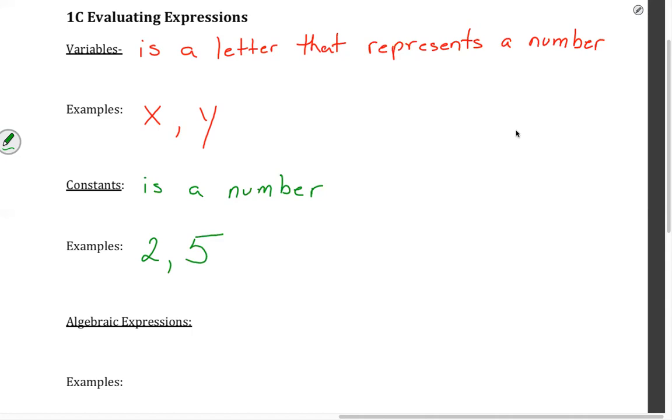Now, what is an algebraic expression? Well, in order to discuss an expression, the other part of that is an equation. So what makes something an equation? There's one thing that makes something an equation, and if you take that away, you get an expression.